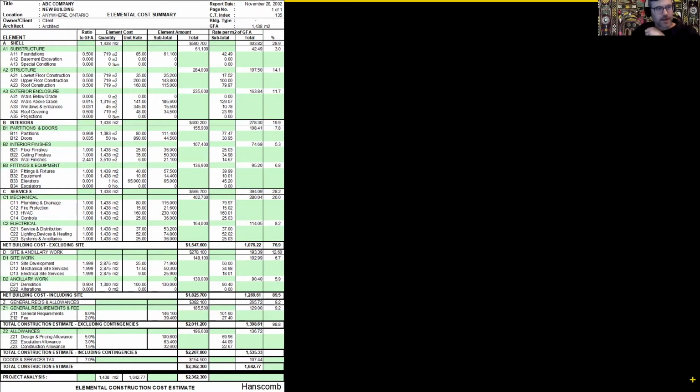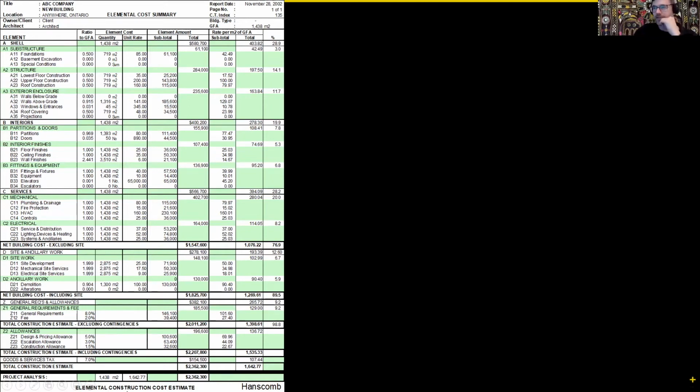None of this is a science, much of it is an art, applying knowledge with a little bit of scientific insight. So here's an example of an elemental cost summary. This is a generic one, and you can see the elements broken down on the left: substructure, structure, exterior closure, partitions, mechanical, electrical, site work, etc. And then general requirements as we get down to the bottom, and then allowances, and even an escalation allowance, some contingencies mapped on there.